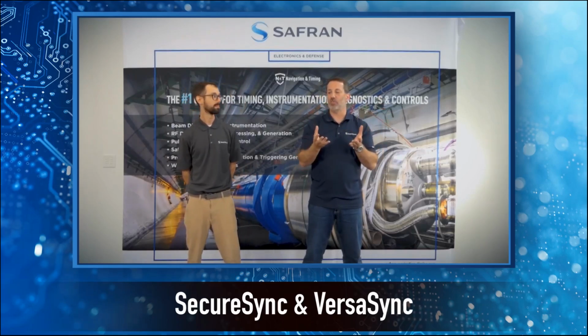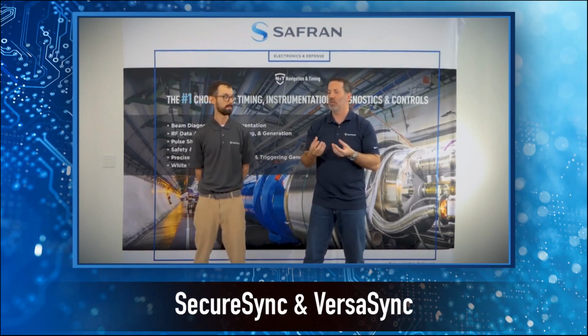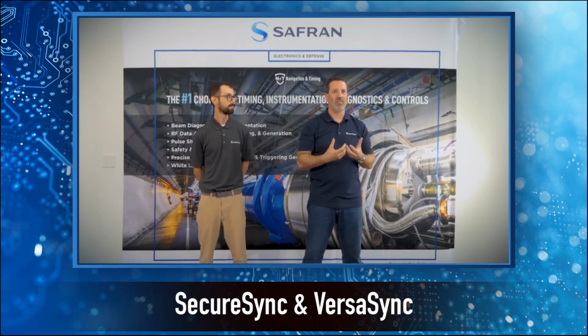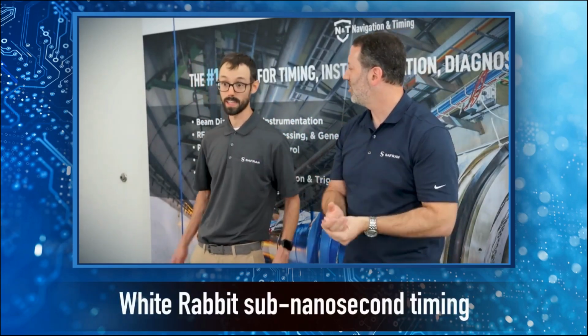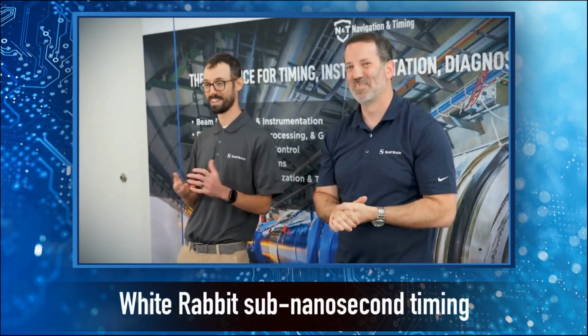But where we go into very high accuracy distribution, very high accuracy links, that's where we transition into our White Rabbit products. Yes, it's a perfect transition, Dave. Thank you very much.